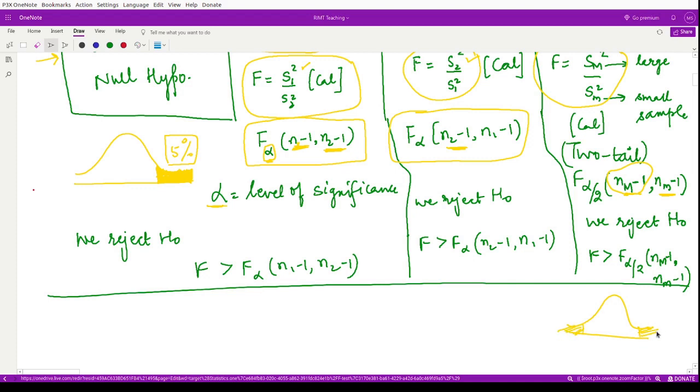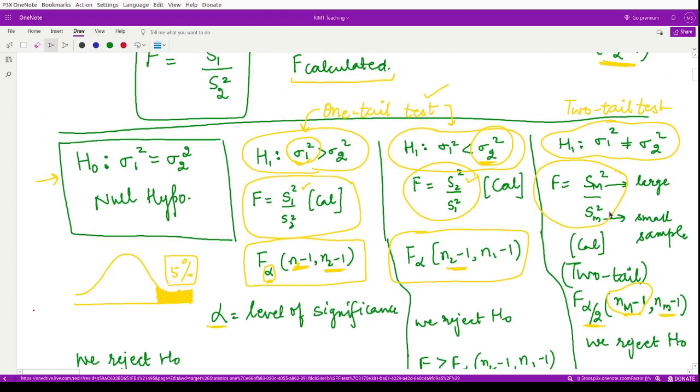So the combined shaded portion should result in the given significance level, say 5%. One portion would be 2.5%, another portion would be 2.5%, so that when you combine them, that results in 5% level of significance. So you will check your tabulated value at the alpha by 2 level, that is 2.5% in case of 5%, according to these degrees of freedom.